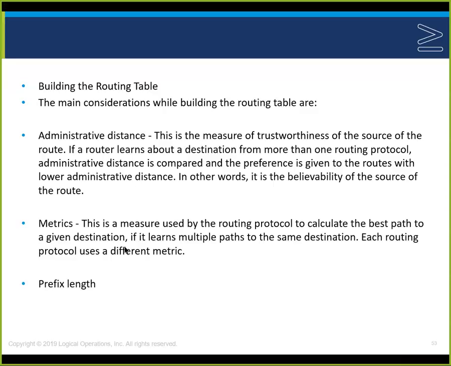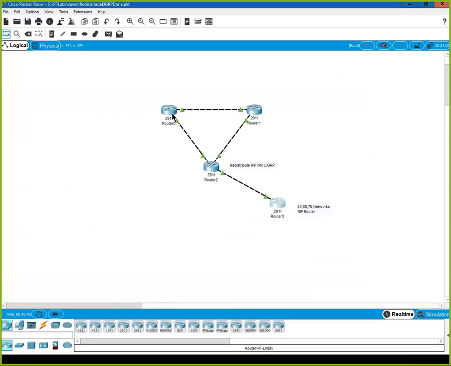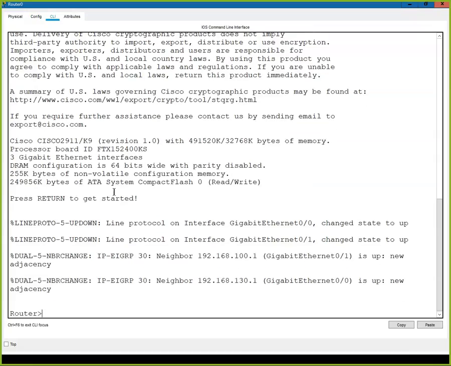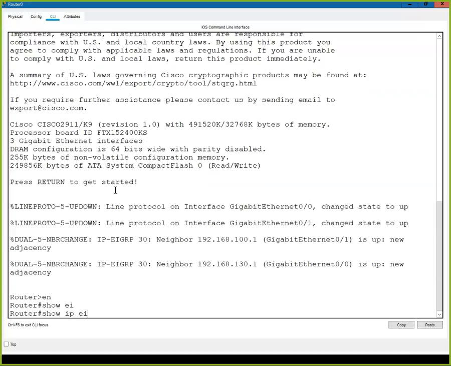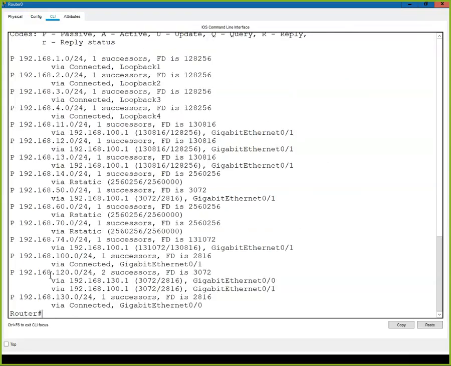With the metrics, when we have a single routing protocol, the best path is going to be determined. And we can see that, and we'll look at it again. I do think that I can see this here, show EIGRP topology. This one here, the 192, the 120 network, those are the same cost. There should be one that has two paths.